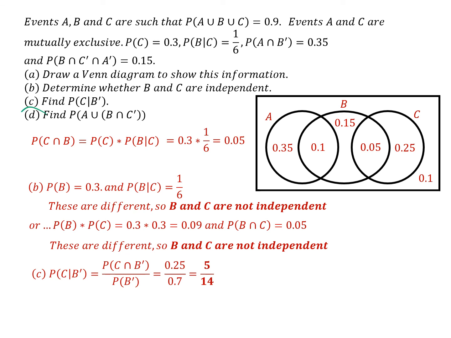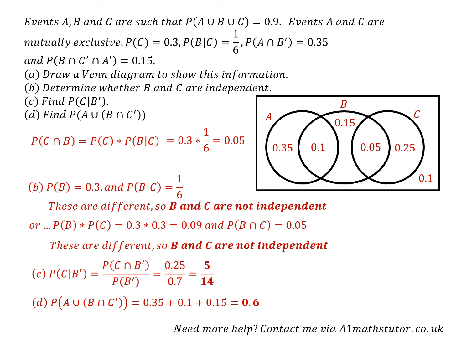And finally, D, the probability of A, or B and not C. Well, B and not C is that. So the probability of those sectors is those three numbers together, 0.35, 0.1 and 0.15, so that's 0.6 altogether. So there we are, probability.